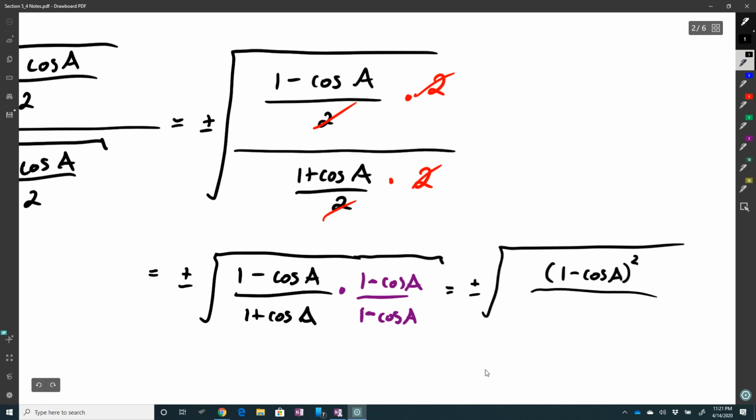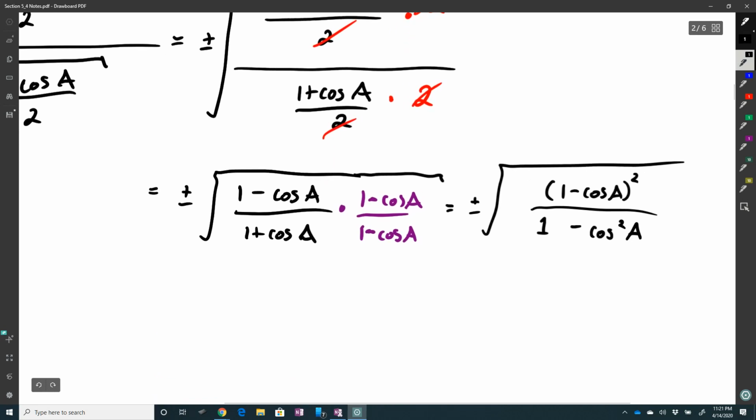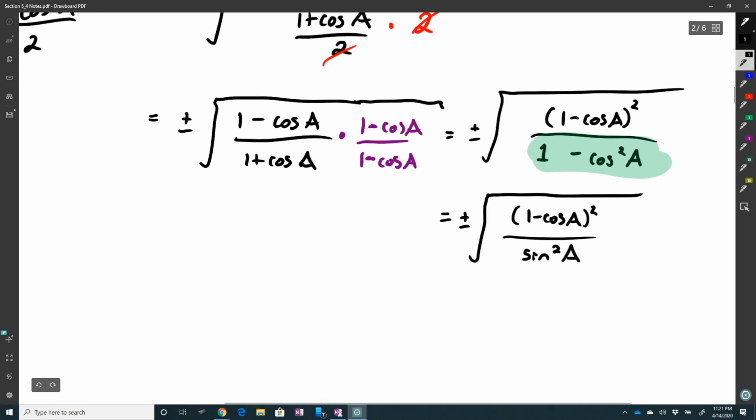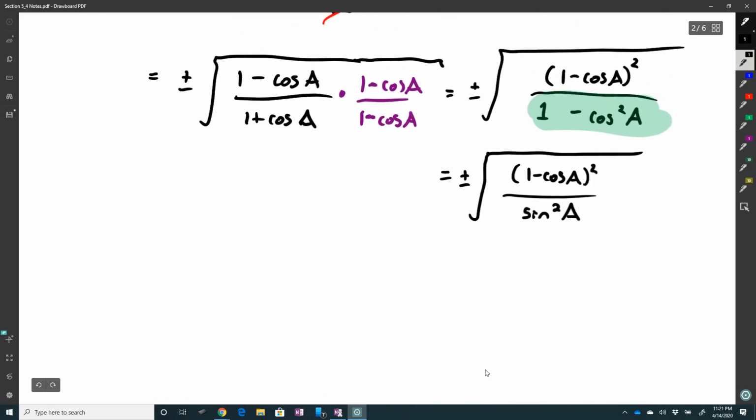On the bottom, I end up with 1 minus cosine squared of A. Okay, but now we know that 1 minus cosine squared of A is sine squared A. And then again, I have a square over a square, or you can think of the square root canceling both out, but I'll go ahead and combine them first.